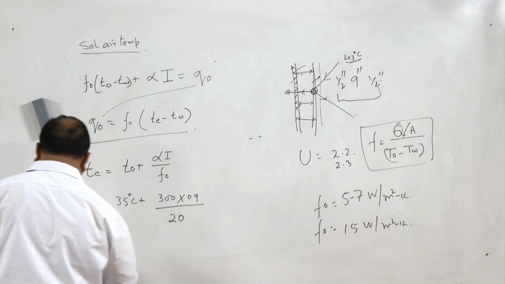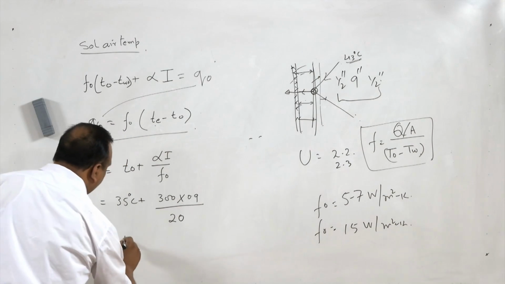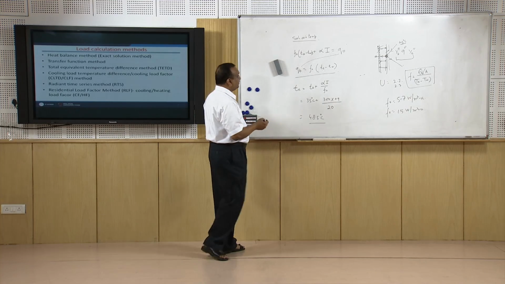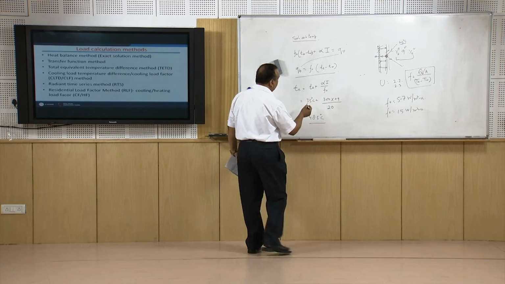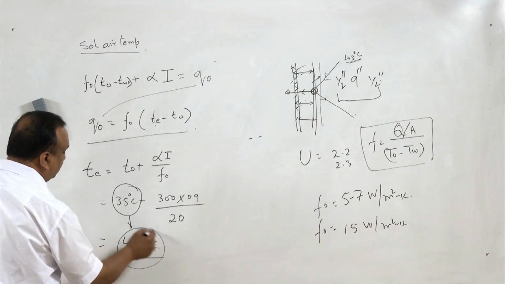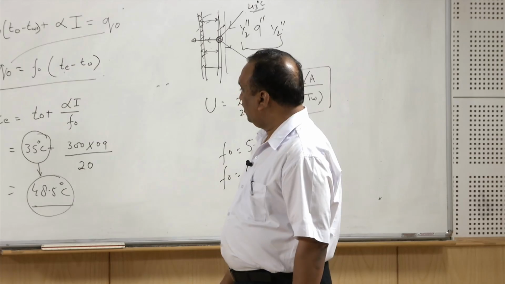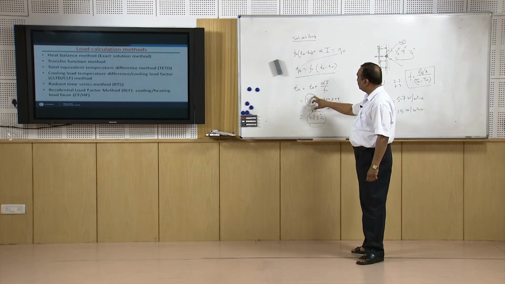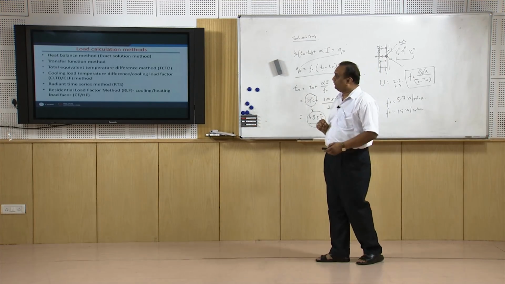Now, in this case, if we solve this equation, we are going to get 48.5 degrees centigrade. For heat transfer calculations, instead of using 35 degrees centigrade, we are going to use 48.5 degrees centigrade. So, we can take the sol-air temperature as 48.5, however, the outside temperature is only 35 degrees centigrade.